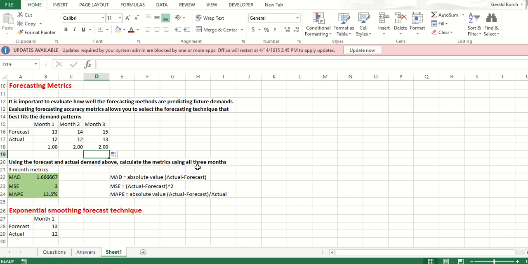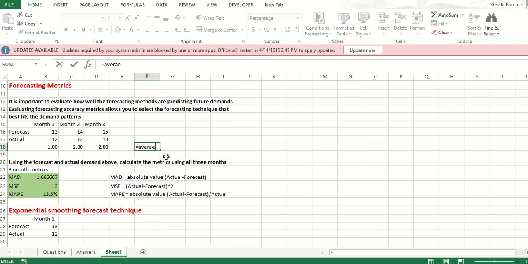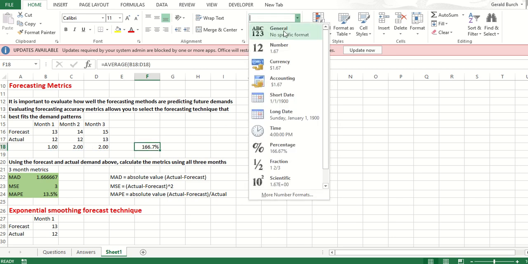Now if I'm looking at the MAD over the 3-month period, then what we're looking at is, what's the average mean absolute deviation for those 3 months. Whoop, and that came up as a percentage. Let's change that back just to a regular number.